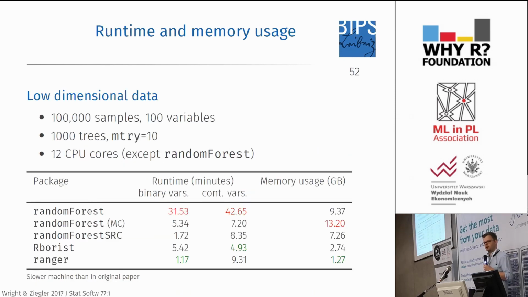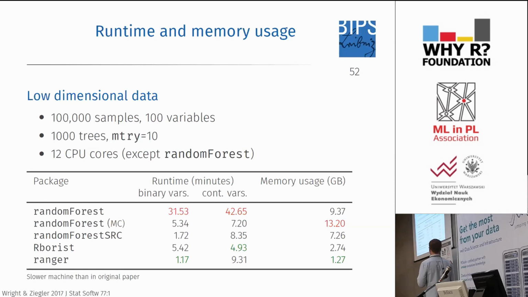Let's start with low dimensional data. So if you have 100,000 samples, 100 variables, 1,000 trees, and the default mtry of 10, and we use multi-core with 12 CPU cores. Here you see the runtime for binary and for continuous variables, and the memory.